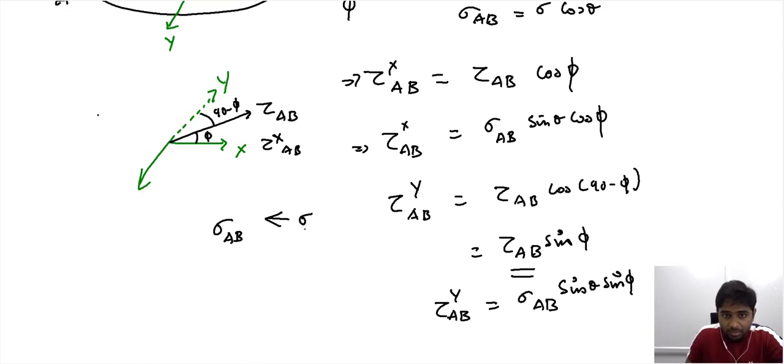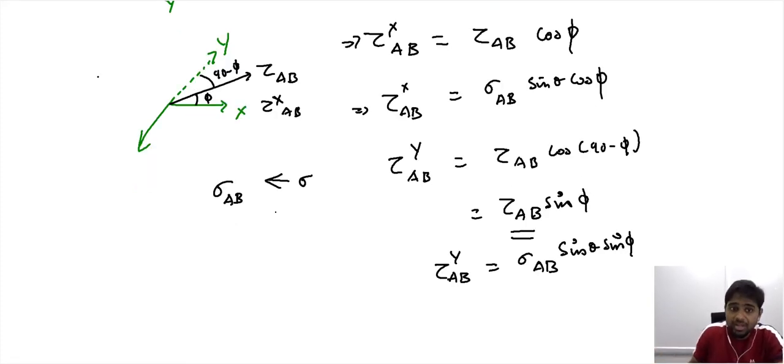So we were able to differentiate sigma from sigma AB. The stress experienced by a plane perpendicular to the loading direction will be different from the stress experienced by a plane inclined to the loading direction. This we arrived at from the pseudo three-dimensional estimations.